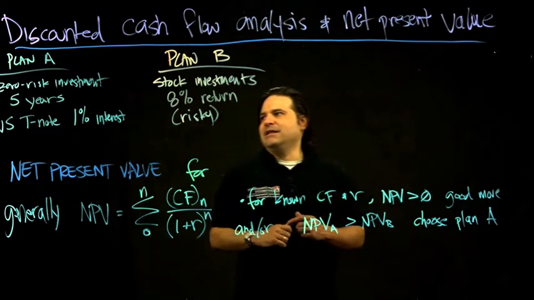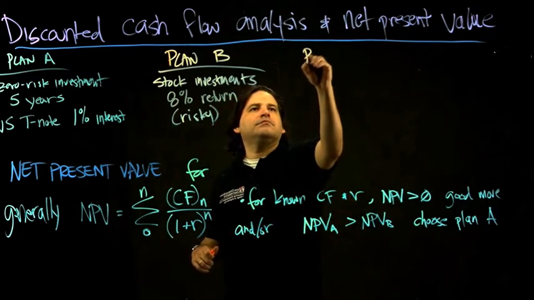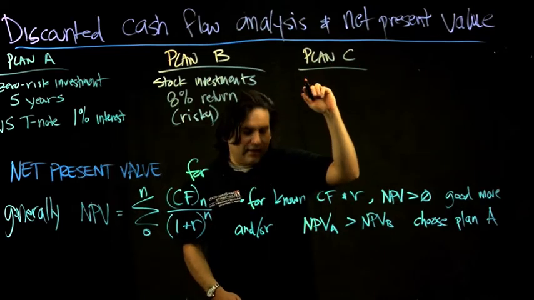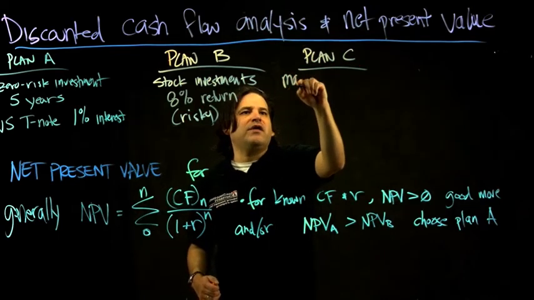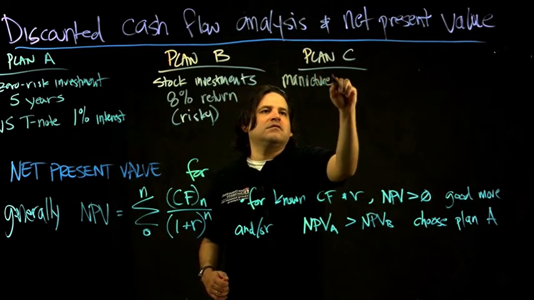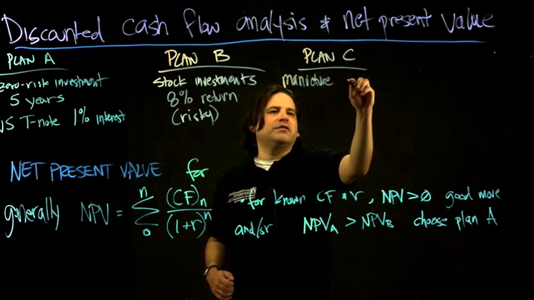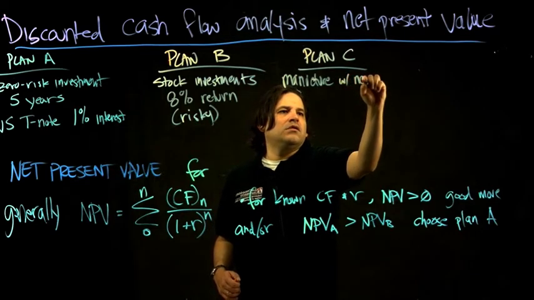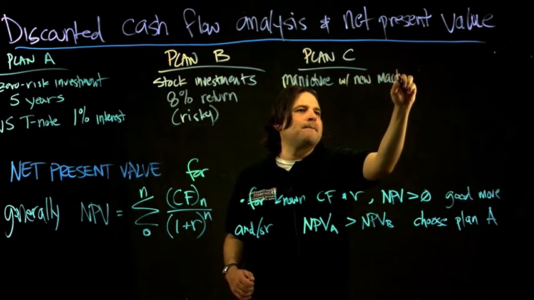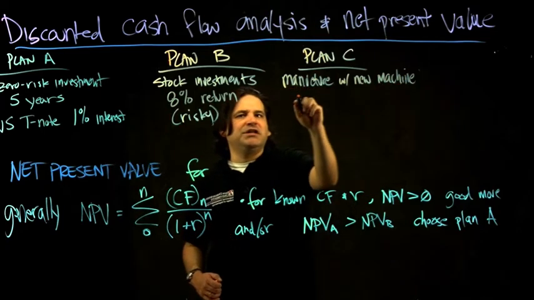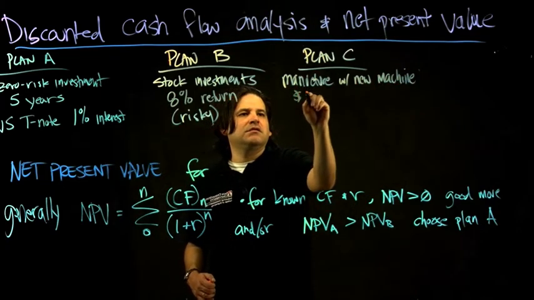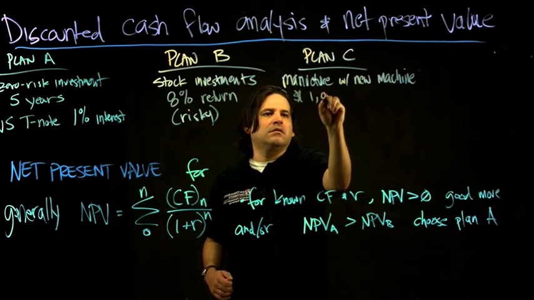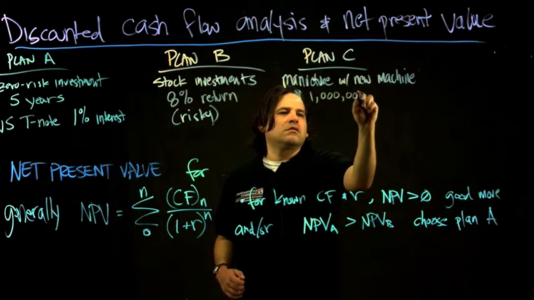So plan C will be you do your job, you manufacture something, with a new machine. That machine costs $1 million capital cost.